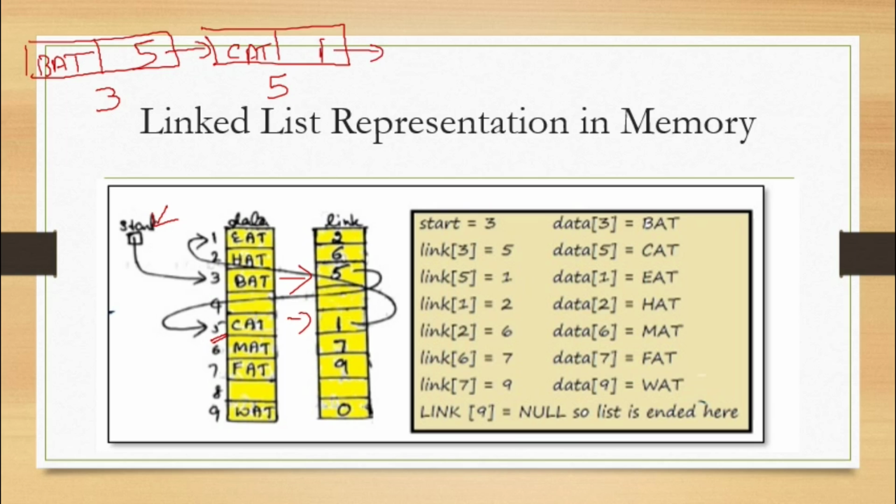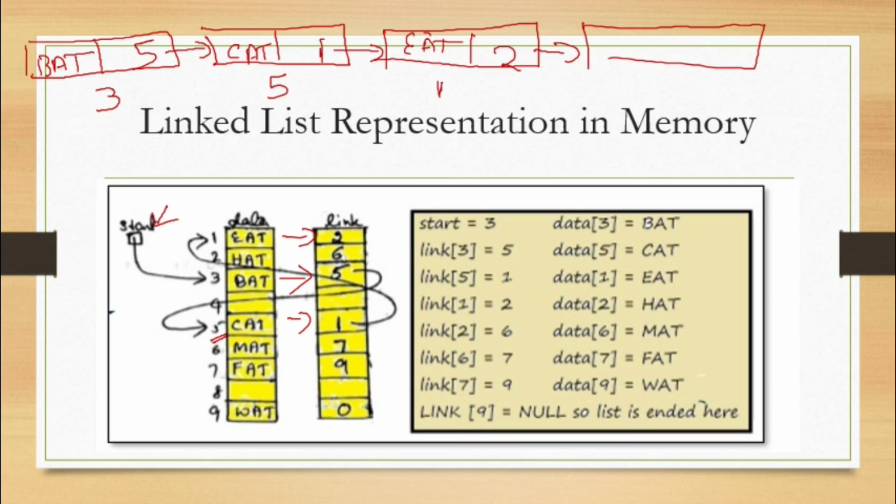In location 1 we have another data called eat, and eat will point to 2, and in the second location we have another node, hat, which points to 6.